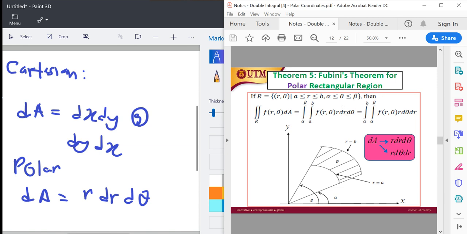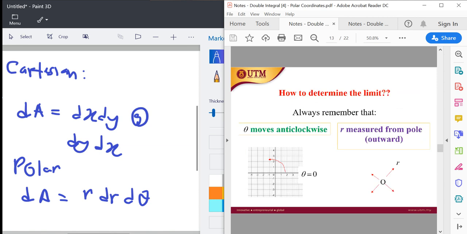We usually use r dr d theta. So how do we determine the limits? There are two things you should always remember: the angle moves anti-clockwise, and r is measured from the pole, from the origin.